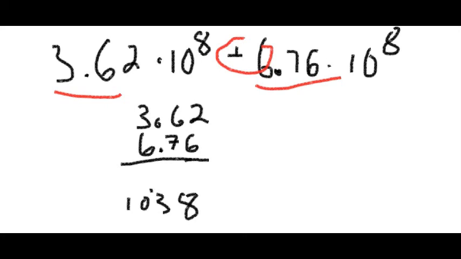Now the decimal place. The decimal goes here. Everyone with me? Since, as I said, these are the same, it would just be 10.38 times 10 to the 8th power. Alright, fair enough. Next.